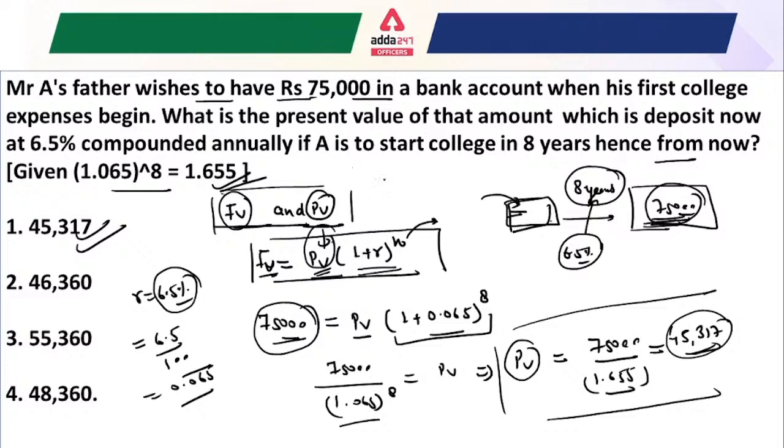One more way you can memorize this: future value would obviously be greater than the present value. This is the future value, and this is the present value multiplied by (1 plus r) to the power n, and this value would be greater than the present value. This is how you can memorize it. I hope it is now clear for everyone. So your answer will be 45,317 rupees.